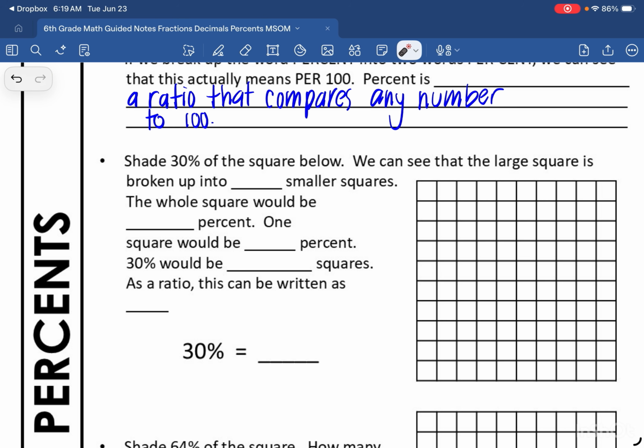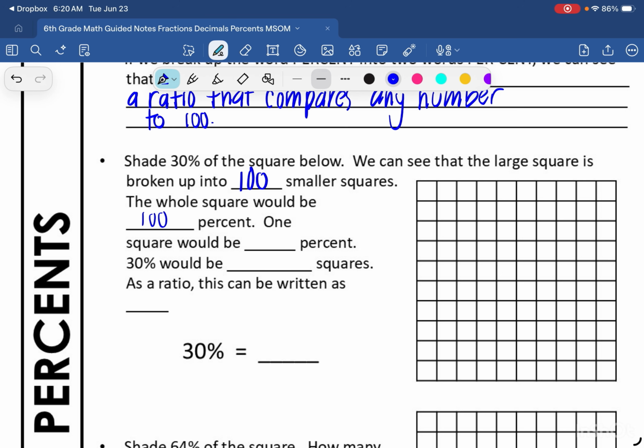It asks us to shade 30% of the square below, this square right here. We can see that the large square is broken up into 100 smaller squares, and I can figure that out by going 10 times 10. The whole square would be 100%. One square would be 1%.